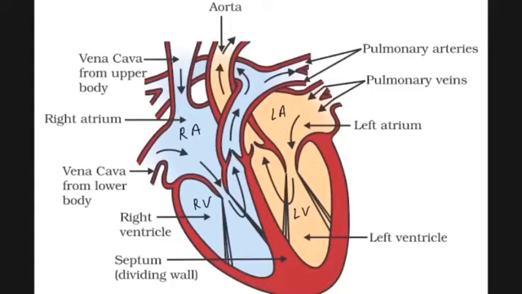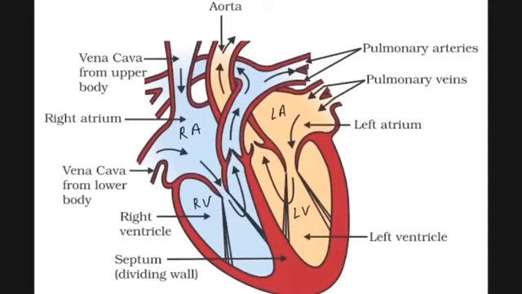Now from the right ventricle, once the heart is pumping, the blood is sent to the lungs for reoxygenation through the pulmonary arteries. So guys, this is how oxygenated and deoxygenated blood is transported in the human body.